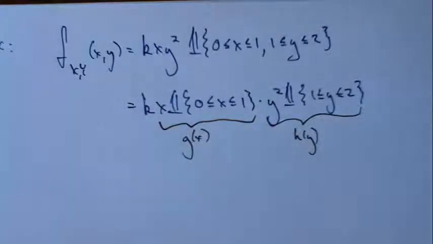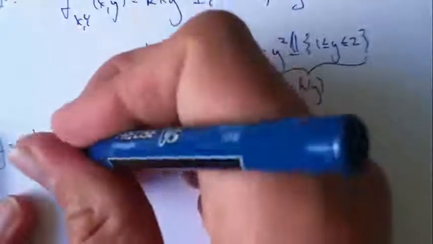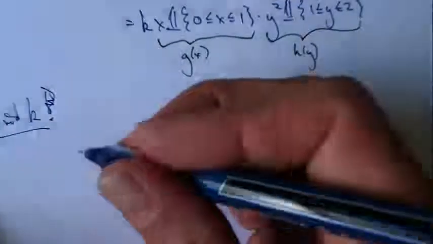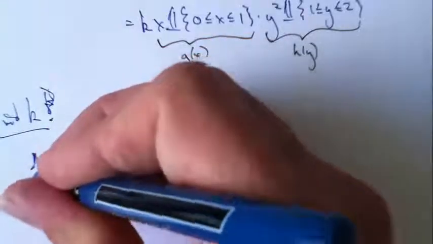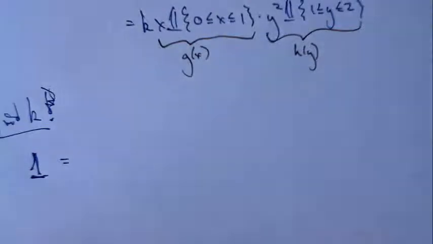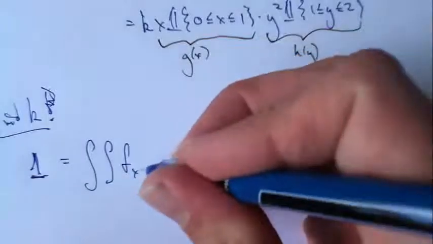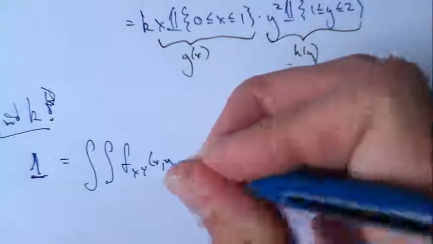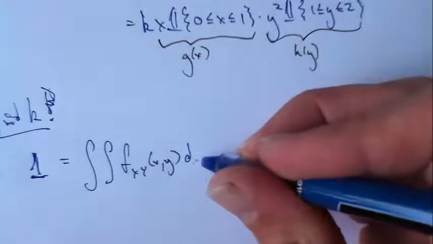Let's check this stuff out. First of all, let's find k so that we know exactly what this joint density function looks like. So by our probability axiom number 2, I think it is, you have to have that 1 is going to be the double integral of f sub x y of x and y dy dx.